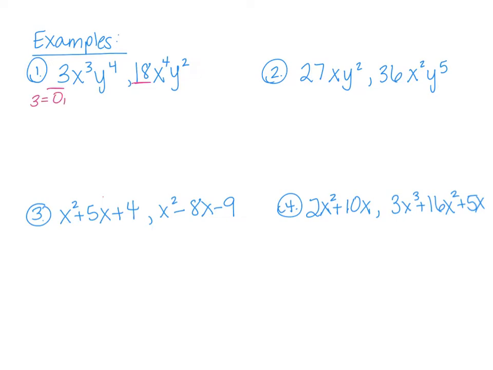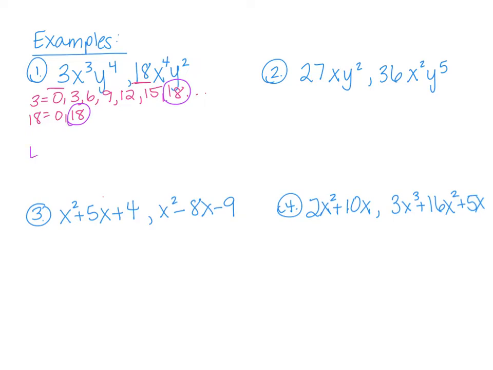So I've got 0, 3, 6, 9, 12, 15, 18, right? And I could keep going if I needed to. And then I'm going to write the multiples of 18. 0, 18. Now I can stop because I already see the least common multiple.